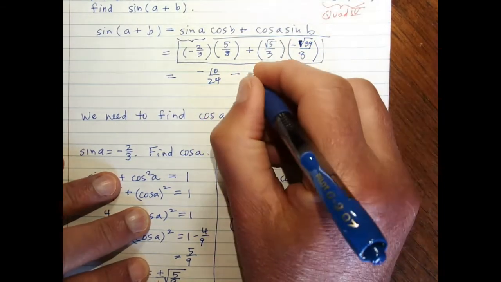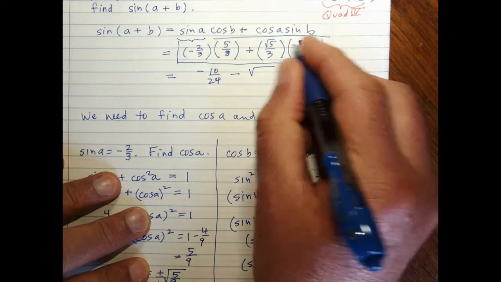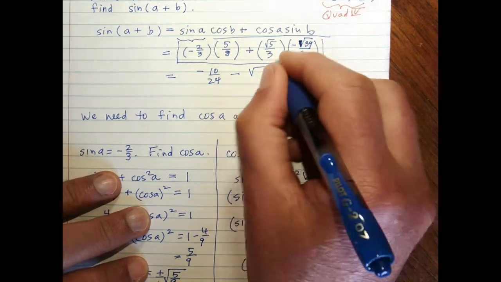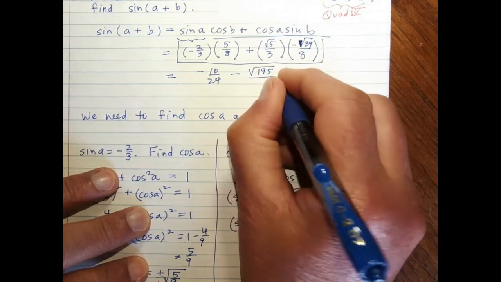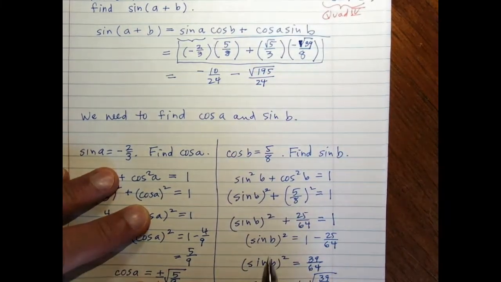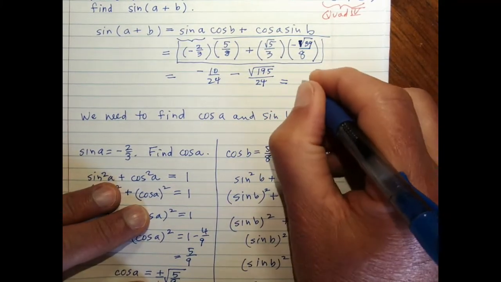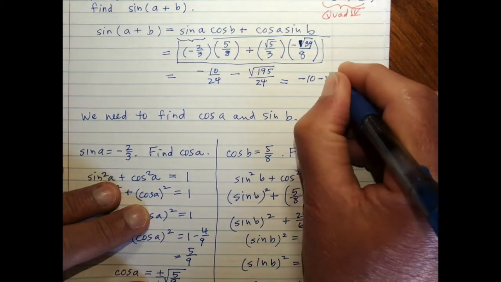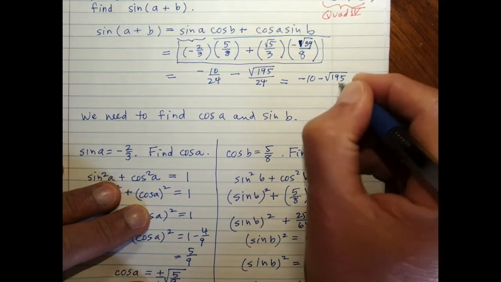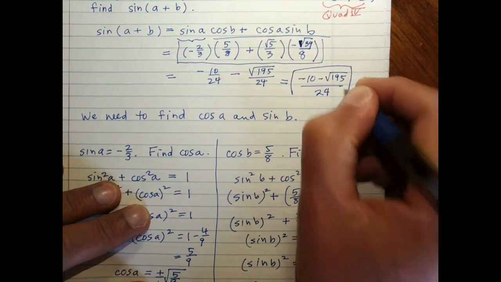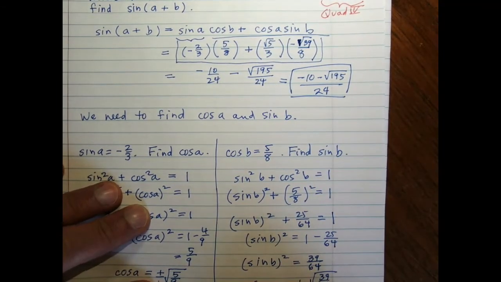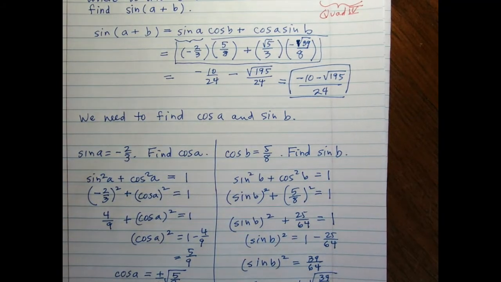I can multiply those square roots together. They don't simplify separately. 5 times 39 is 195 over 24. So this answer could be written as negative 10 minus the square root of 195 all over a common denominator of 24. So it didn't really clean things up very much.